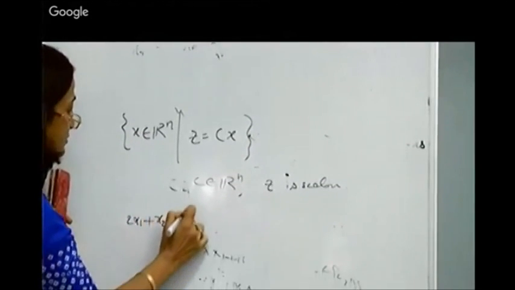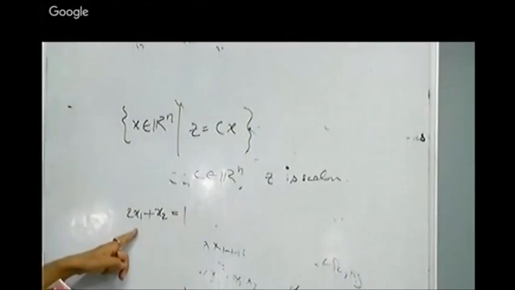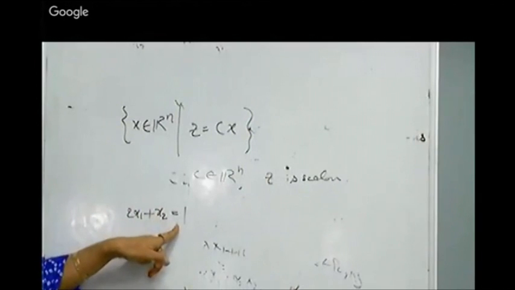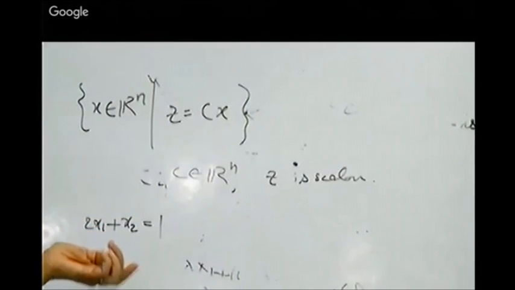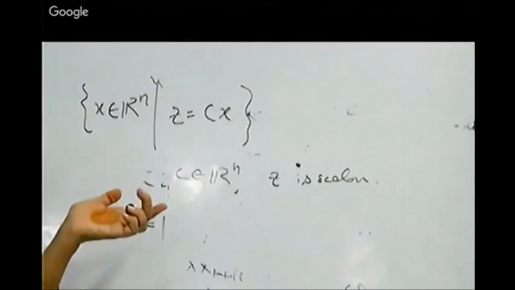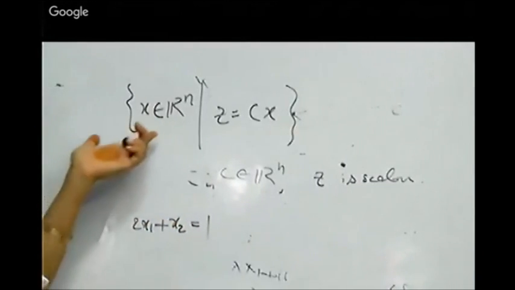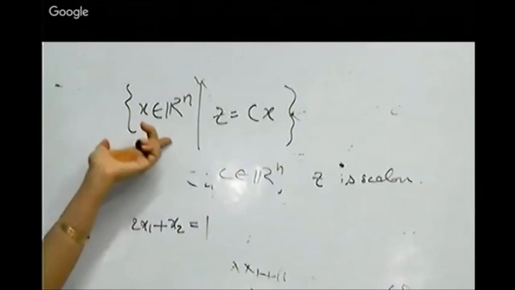It means if I talk of the line 2x1 plus x2 equal to 1, the collection of all those points x1, x2 which satisfy this equation, what is that? That's a line. So in R2, a hyperplane is a line. In R3, it is a plane. In Rn, it is a hyperplane. So this is the definition of a hyperplane.